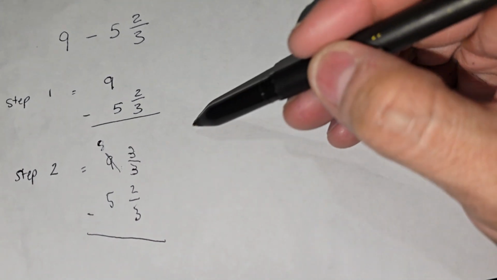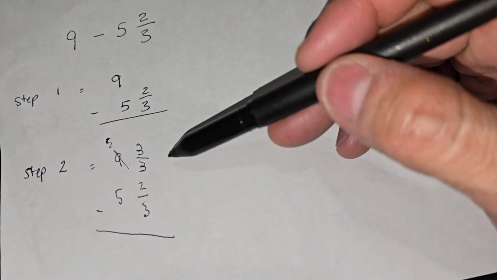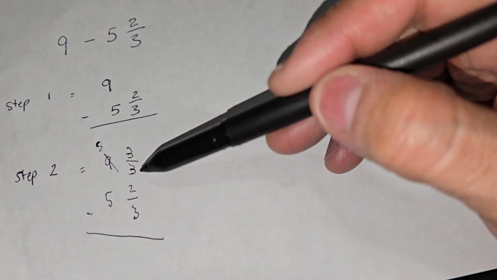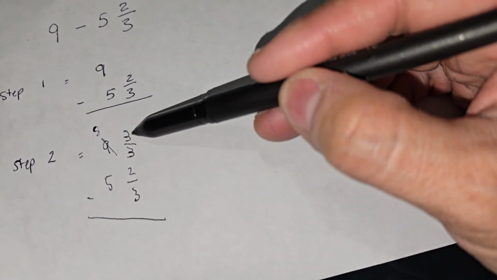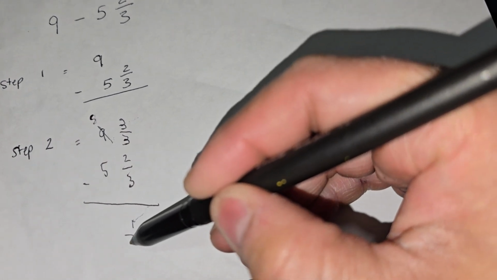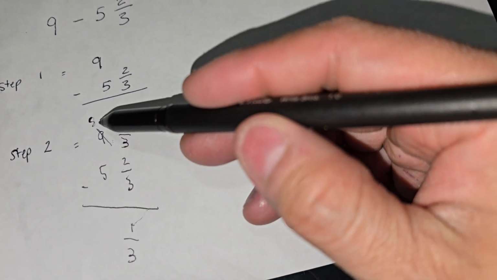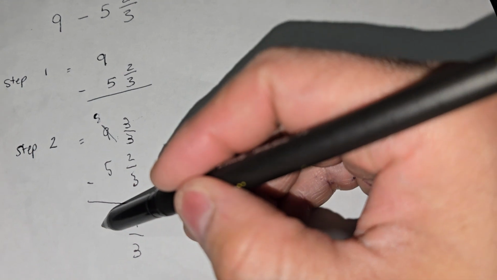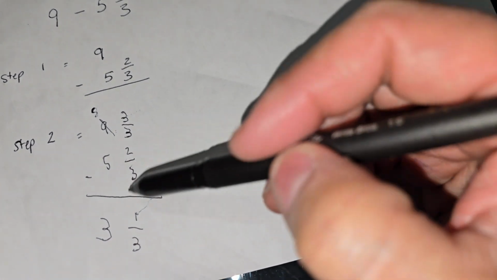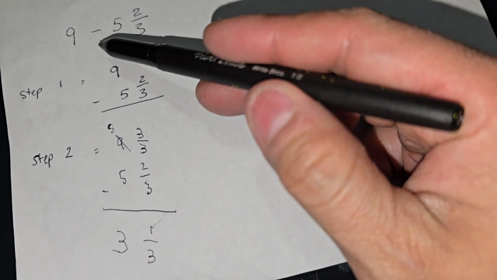Okay, because remember 3 divided by 3 is 1, so that's equal to the 1 that you borrowed from over there. So now we can do this fraction. 3 minus 2 gives you 1/3, and then 8 minus 5 gives us 3, okay, as the whole number. So that is your answer to the fraction here.